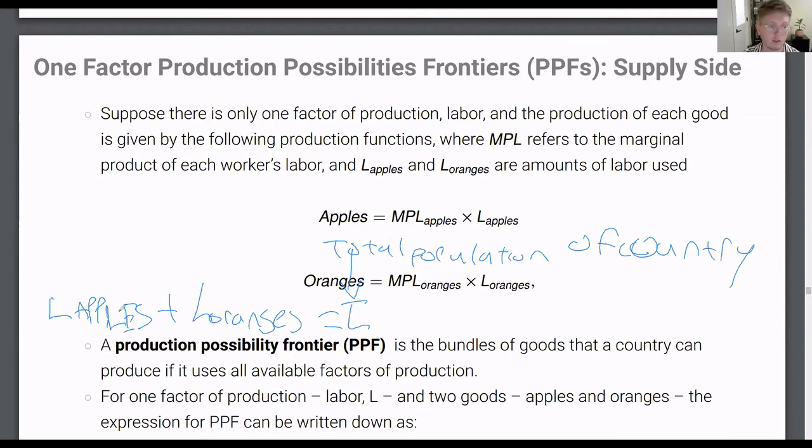Since we have full employment, if we add up the number of workers in each sector, then we'll have the full population.